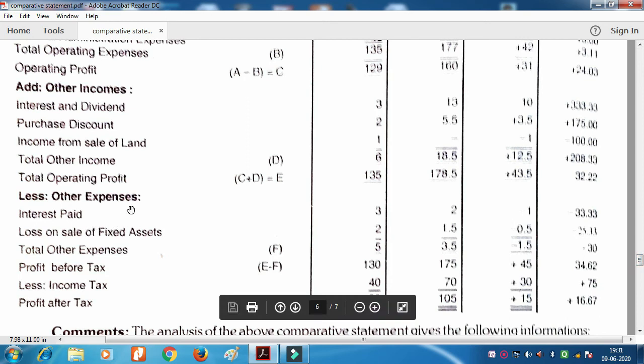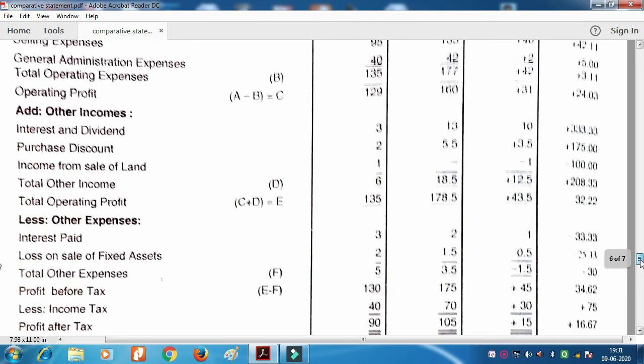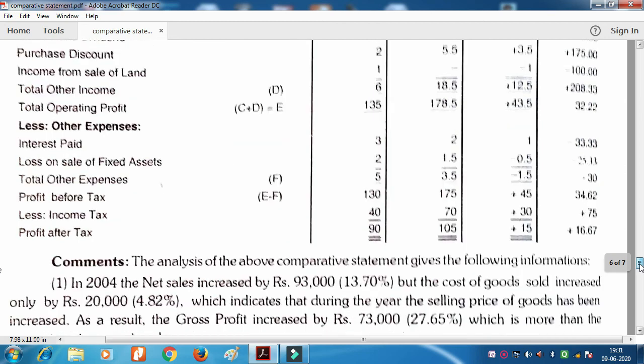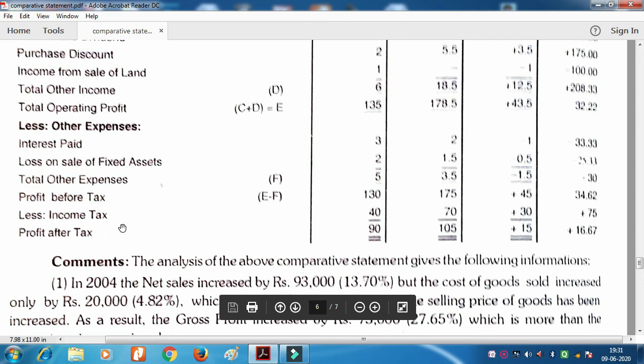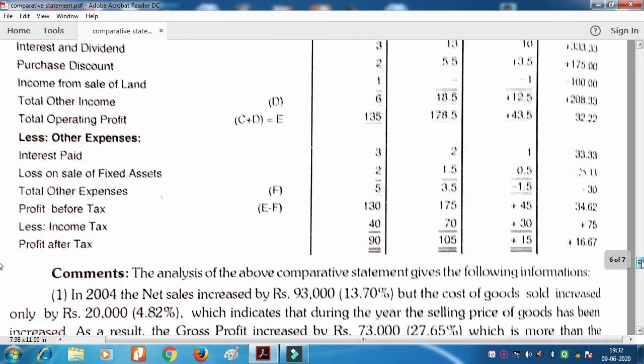As you can see, we are just following the format of the PL account, that is, from gross profit we are deducting operating expenses, then we are adding other income, then we are deducting other expenses. Lastly, we have profit before tax. From that we are deducting the income tax. Income tax is given in the problem, 40 and 70, 40,000 and 70,000. So if we deduct this, it becomes 90 and 105.